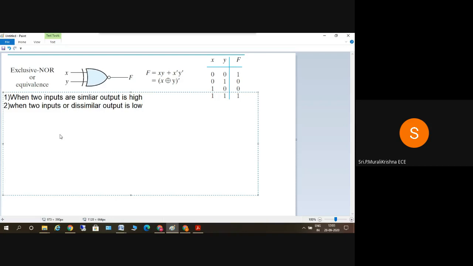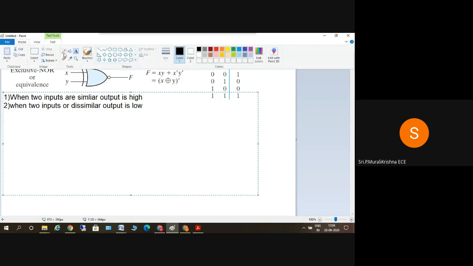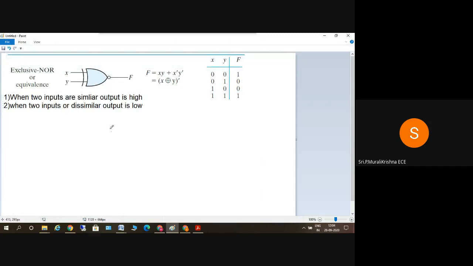Okay. So actually the XNOR symbol will be like this. It is not mentioned here, but you take the XNOR symbol. So the XNOR symbol will be like this: a dot with a circle. So F is equal to X XNOR Y is written like this.